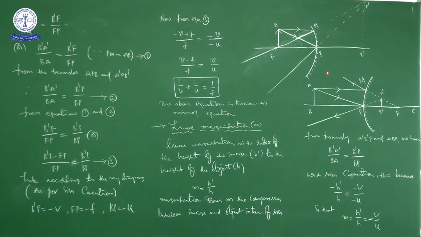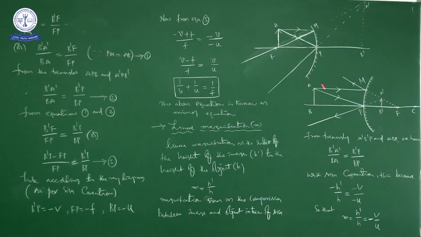So when the size of the image is greater than the size of the object, the image is said to be magnified. You can see here, this is a convex mirror. In the case of a convex mirror, if you observe carefully, this is the size of the image and this is the size of the object.